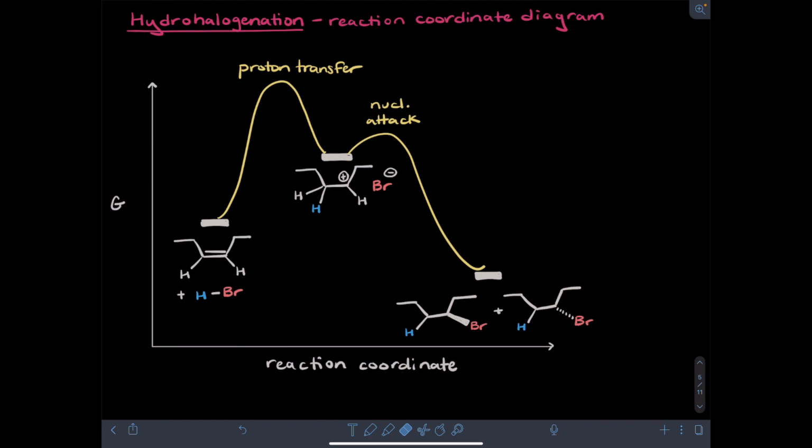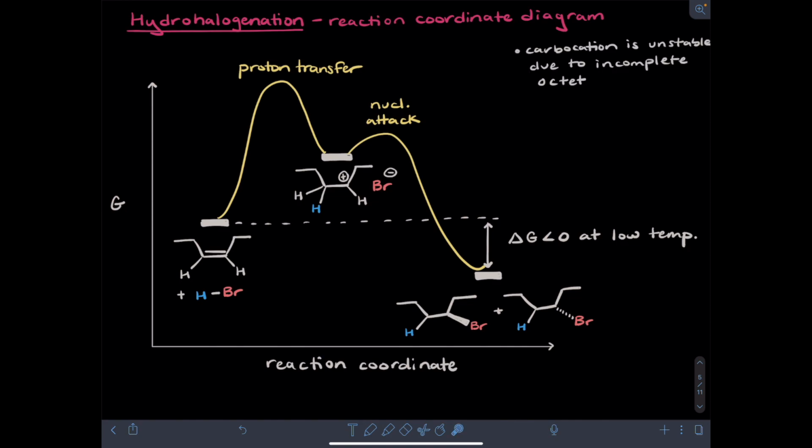So there are a few things I want to note about how I've drawn my barriers and the energies in my diagram. I drew the products as lower in energy than the starting materials to indicate that this reaction is favorable as long as the temperatures are fairly low.